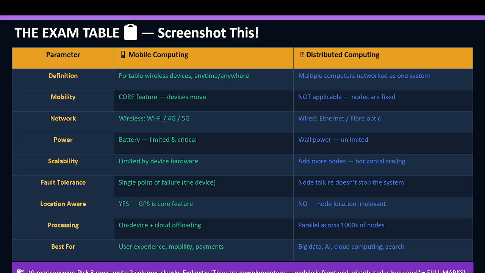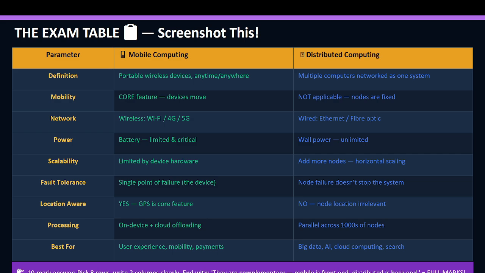Scalability, limited by hardware in mobile, add more nodes in distributed. Fault tolerance, device fails, everything stops in mobile. In distributed, one node fails, system continues. Location awareness, mobile yes, GPS is core. Distributed, no, irrelevant.